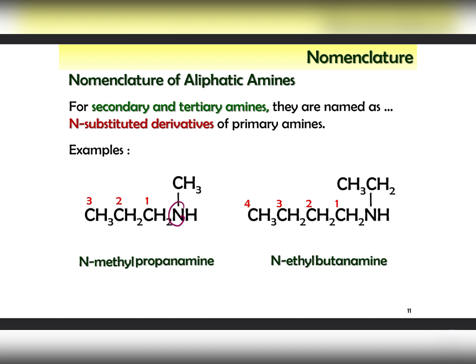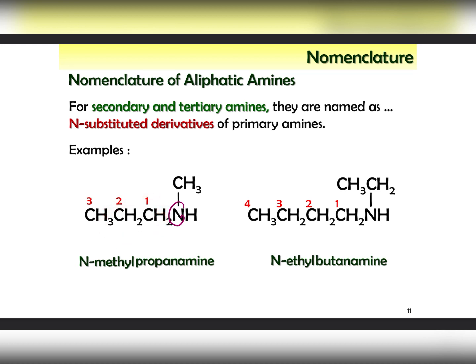So, N is bonded to 2 alkyl groups. For a secondary amine, you want to identify the longest chain, so let's look first. For this nitrogen, going up, there is only one carbon, and on the other side, at this bond, you have CH2, CH2, CH3.